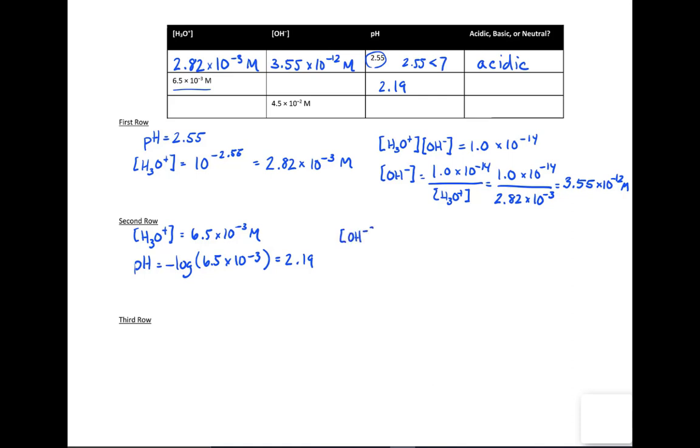To find the hydroxide ion concentration, we use the exact same procedure as we did in the first row, taking Kw and dividing it by the hydronium ion concentration.